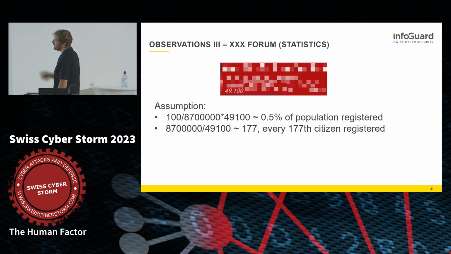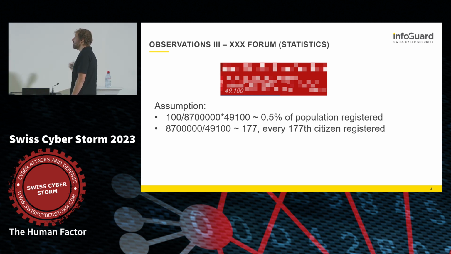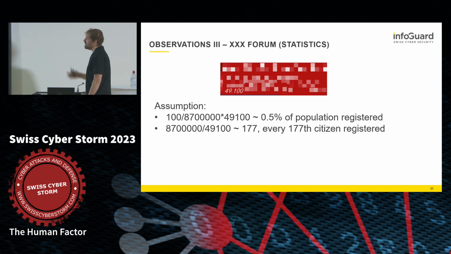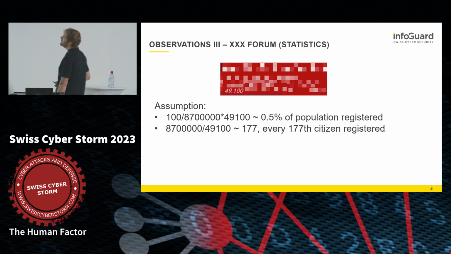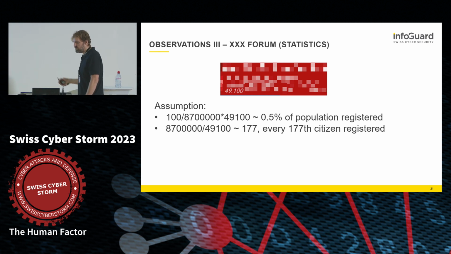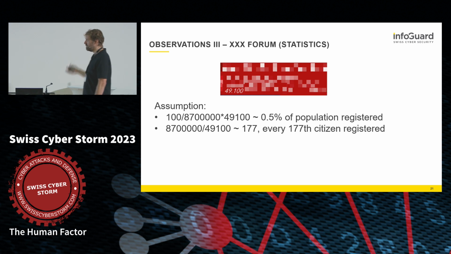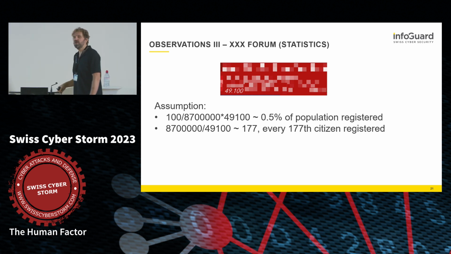So another example, again from the little more adult corner, but it's not about that. This is a very interesting statistical example, a specific use case. This is a forum where you can talk about prostitution and stuff like that. But what's interesting is that the website just tells you how many members they have.